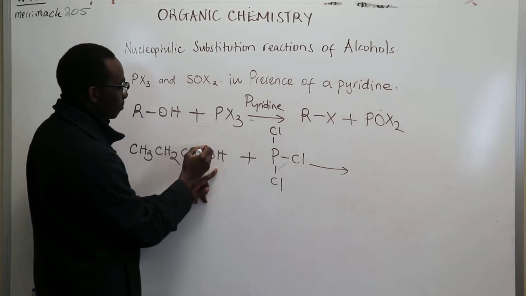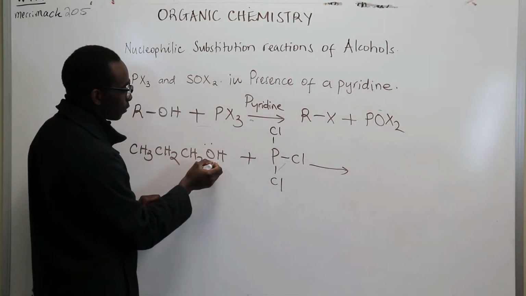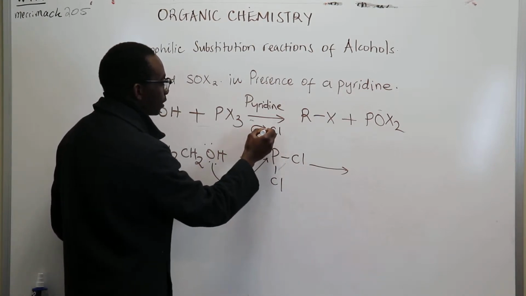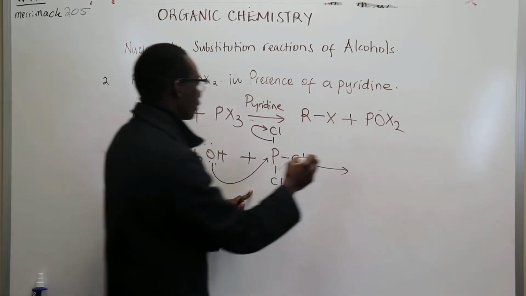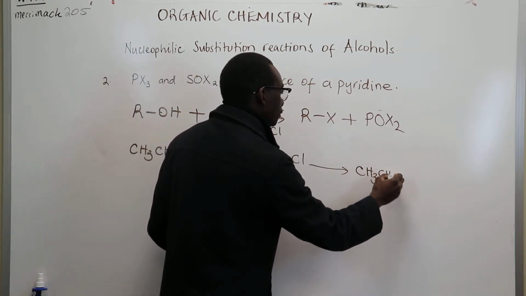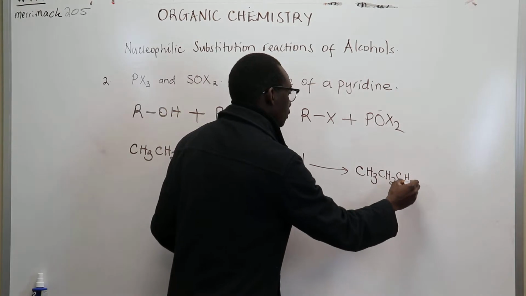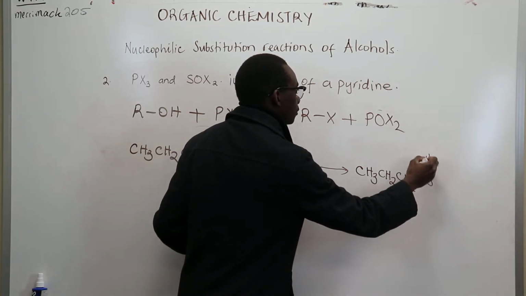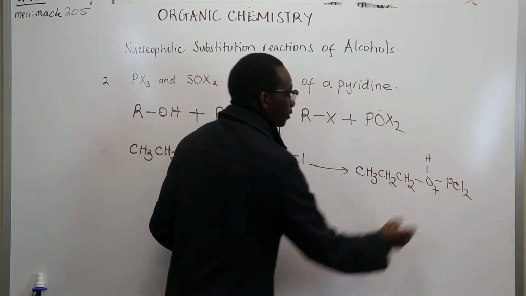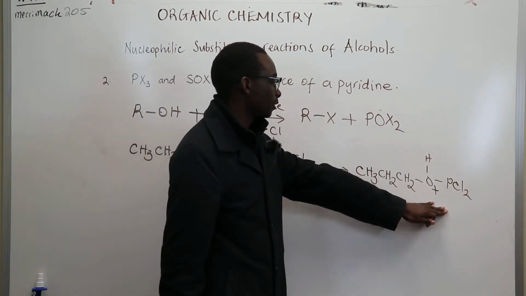So now the same mechanism, the lone pairs of electrons on oxygen will attack the phosphorus, and one of the chlorine atoms breaks off to form CH3CH2CH2OPCl2 with a positive charge on the oxygen.